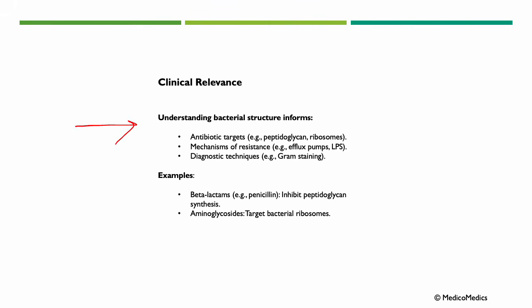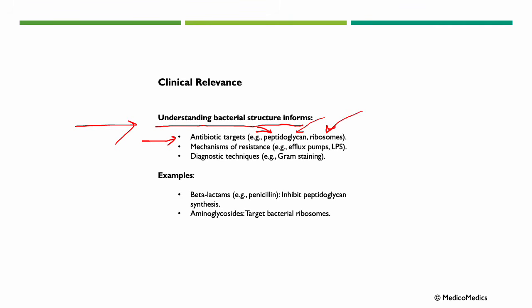Now, clinical relevance then. We've already touched upon a lot of these things before, but let's repeat. Understanding bacterial structure informs us about antibiotic targets. Peptidoglycan, are we targeting the layers for synthesis?